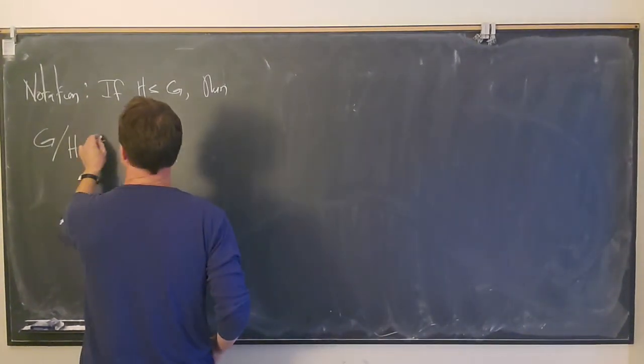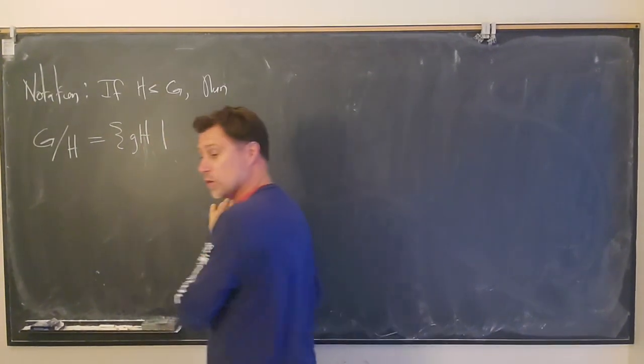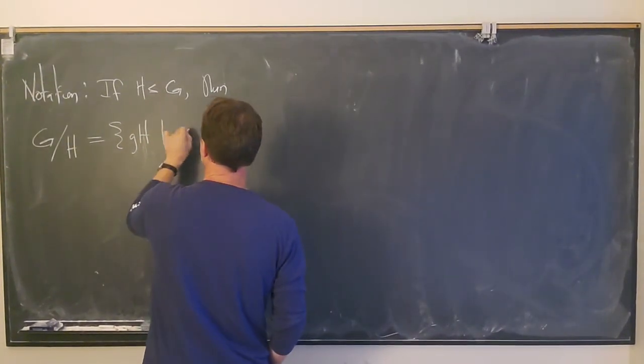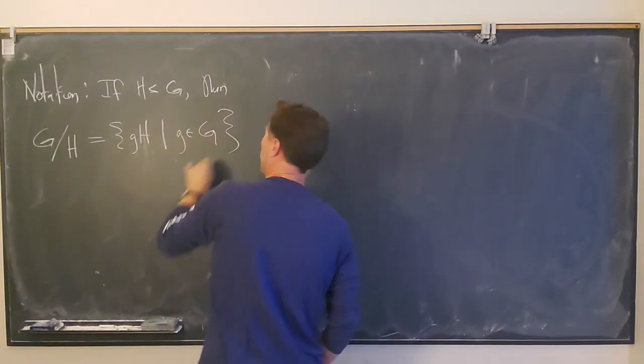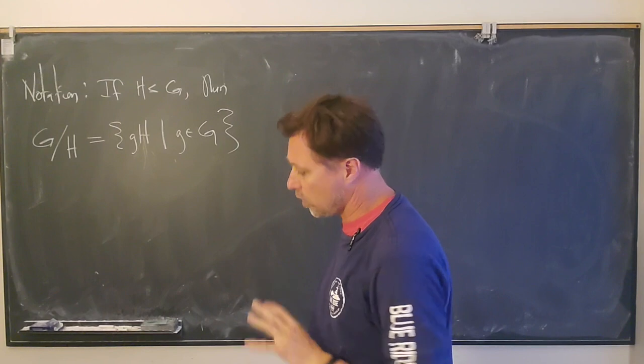So this is equal to the set of all left cosets gH, where g runs through all of G. You read this G modulo H.